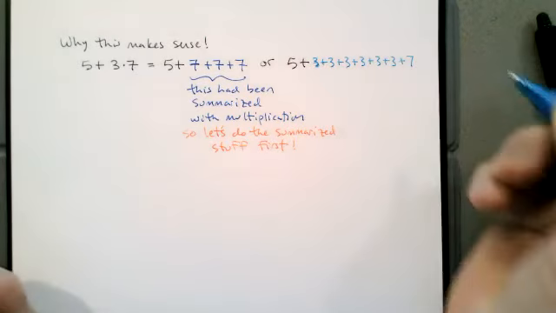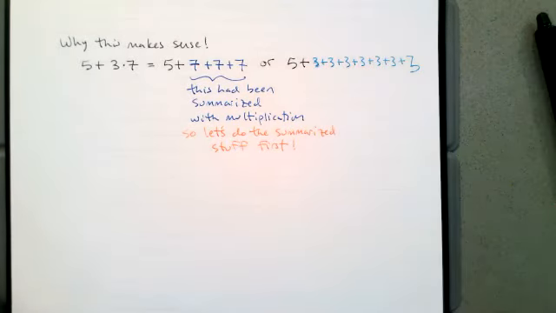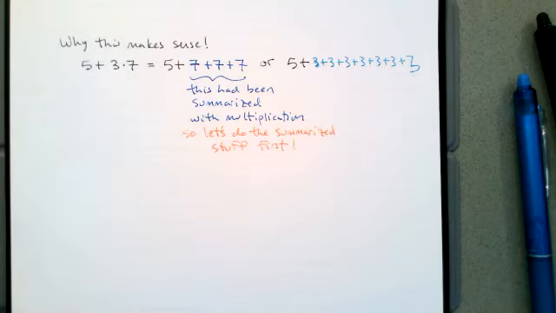Oops, I said 7 and I wrote 7. 3, saved it. That's a 3. So 3 times 7 is 3 sevens or 7 threes. Any questions? So when you've got to make a choice, multiplication goes before addition.